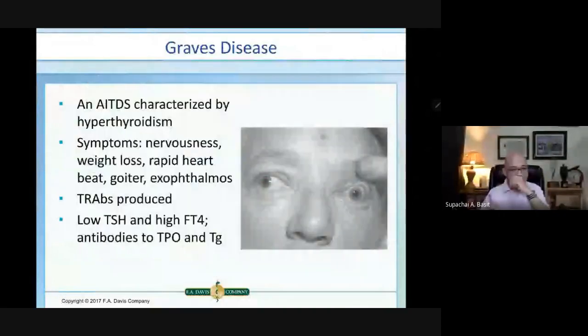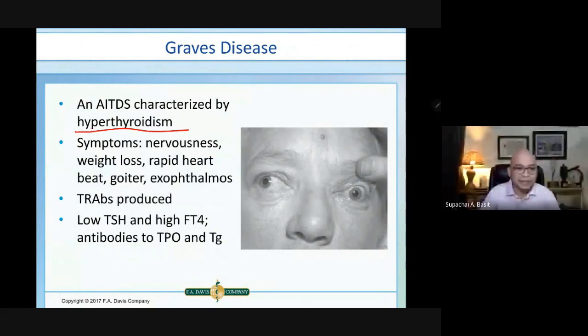Let's talk about Graves' disease. Graves' disease is characterized by hyperthyroidism. It is an autoimmune thyroid disease, but this time it is characterized by hyperthyroidism. It is present most often in women, especially in their 50s and 60s.